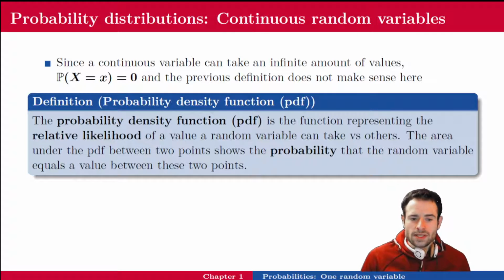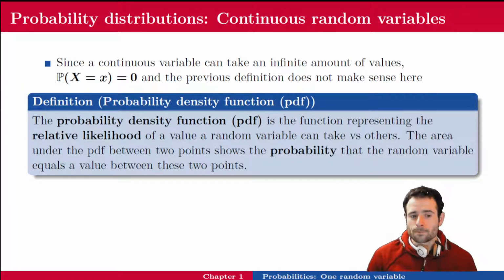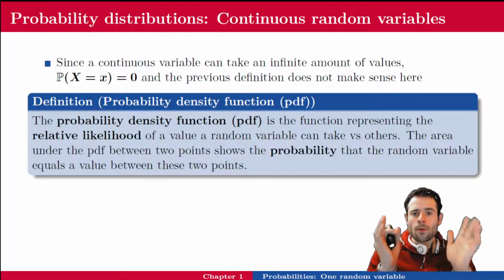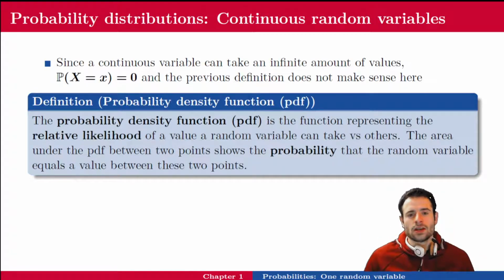The probability density function, or PDF, is the function representing the relative likelihood or relative probability of a value a random variable can take versus other values. And if you look at the area under the PDF in between 2 points, you will obtain the probability that your random variable falls in that specific interval.